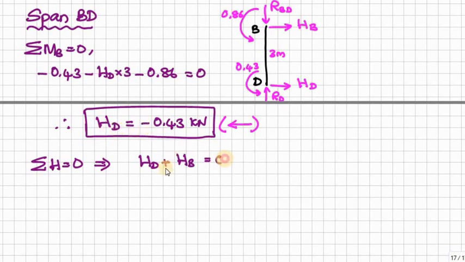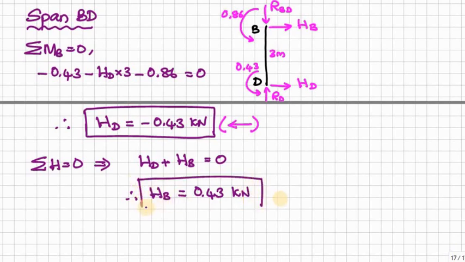HD is equal to minus 0.43 here. Therefore we will get the HB value. HB is equal to minus HD. Therefore minus into minus 0.43, which is equal to plus 0.43 kilonewton. That means our assumed direction is correct. That is acting towards right.